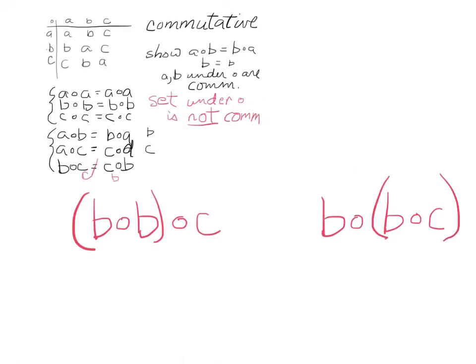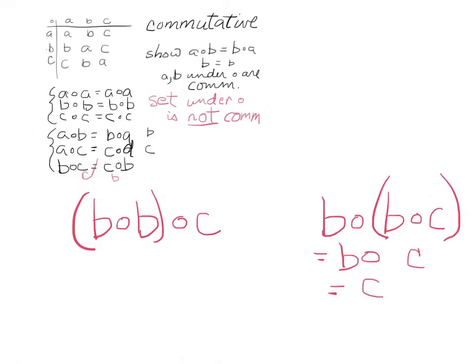So if I go to the set again and I work this out, here's B, here's C, so B operated on C is C. So I would end up here with a C, and now I do B operated on C again, and that's C. So that's what this one is.